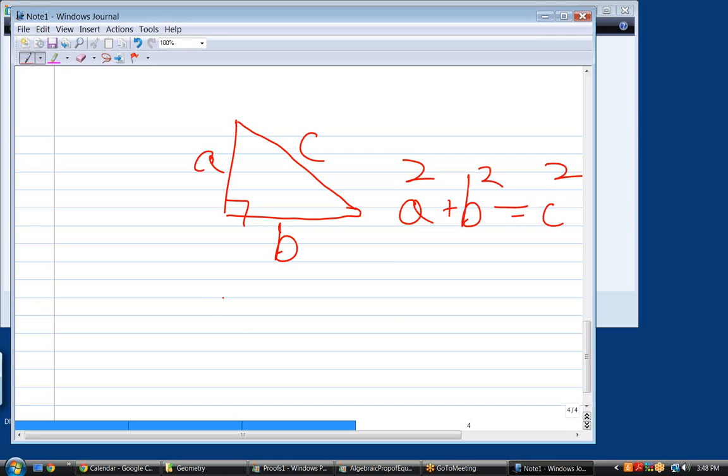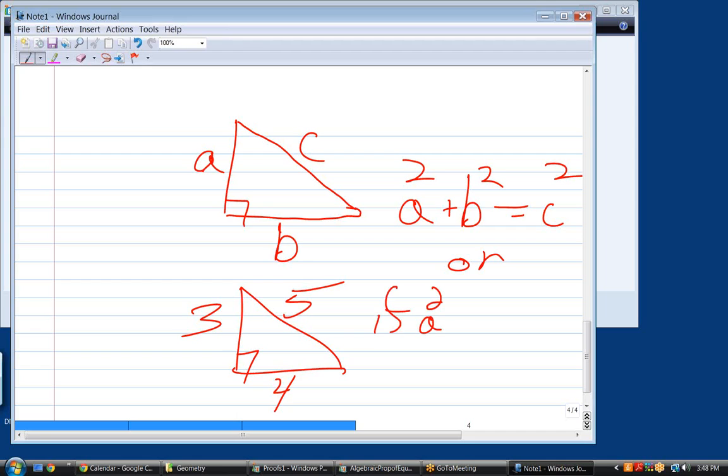Which means if I give you a triangle and A squared plus B squared is equal to C squared, that means this has to be a right angle. In other words, it goes both ways. If it's a right angle, then A squared plus B squared equals C squared, or if A squared plus B squared equals C squared, then it's a right triangle.